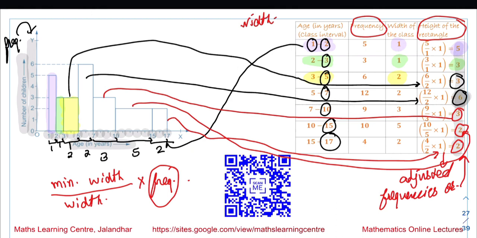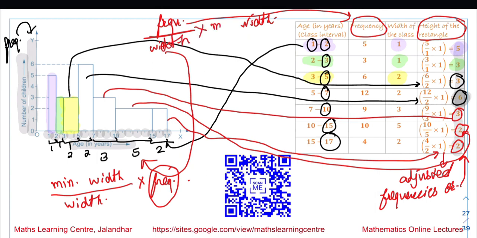The formula we use is the frequency given to us over the width, multiplied by the minimum width that we have.